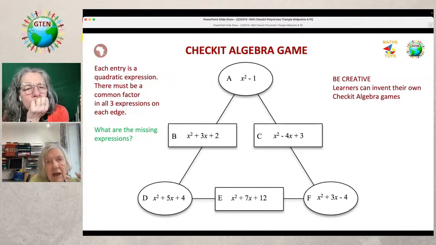Ah, I see. I couldn't remember what it was. The common factor on the ABD line on the left is x plus 1 is a factor. Oh, it's just a factor. Yes. And on the ACF line, x minus 1 is a factor. ACF, x minus 1, okay.